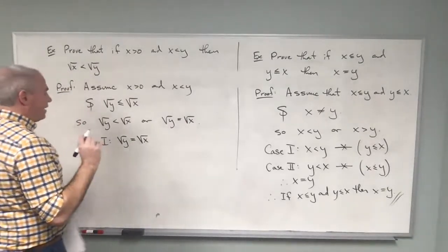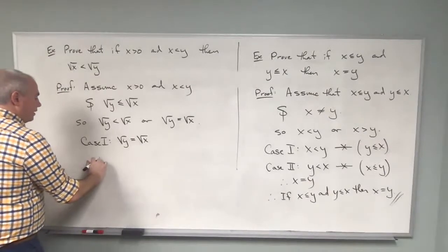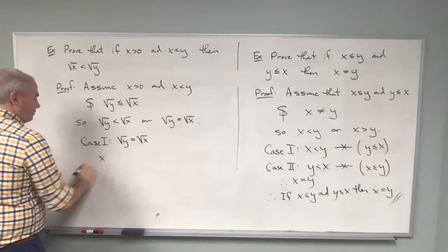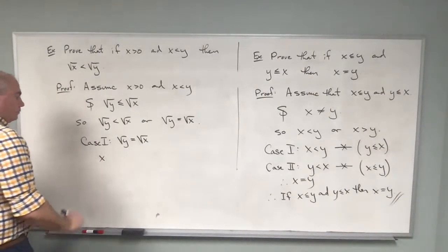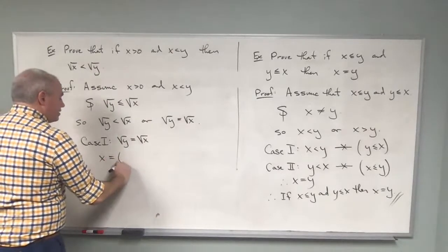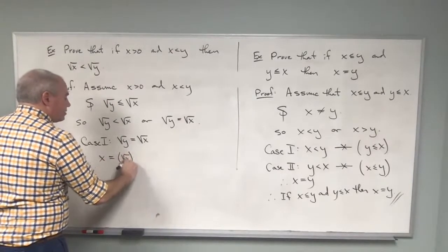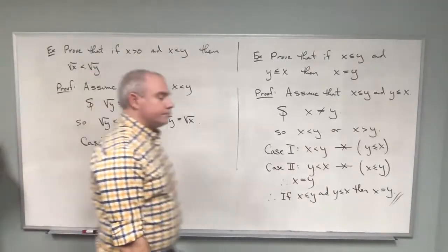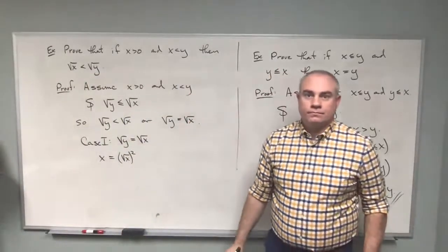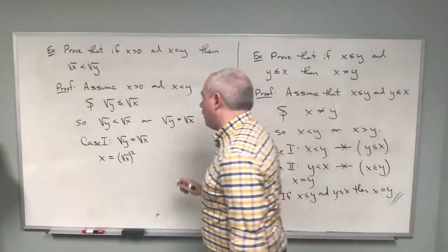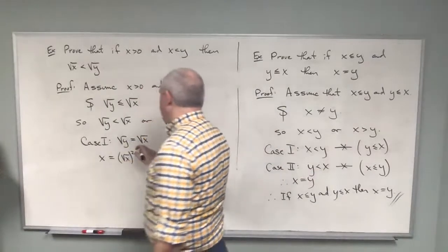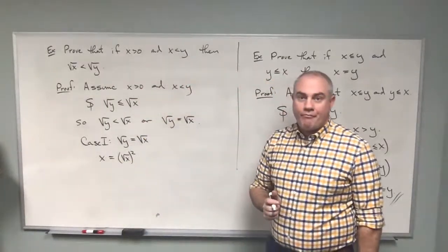Okay, if that's true, then let's look at x. x actually is the square root of x squared by definition. And what I'd like to say is, well, the square root of x is the square root of y.